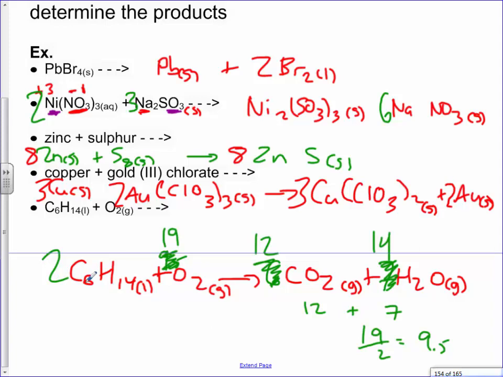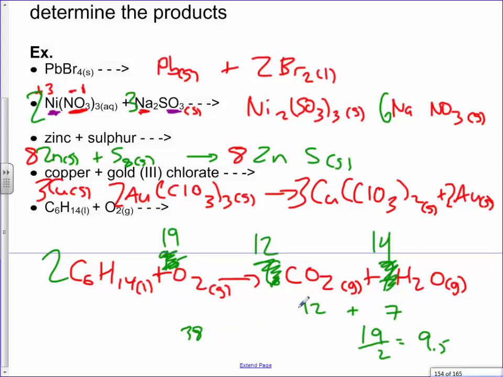2 groups of 6. That's 12. 12 carbons. 12 carbons. Good start. 2 groups of 14. It's 28. 2 groups of 14 is the same, though, as 14 groups of 2. So that one's good. 19 groups of 2 now. 19 times 2. Good. Yeah, it's 38.